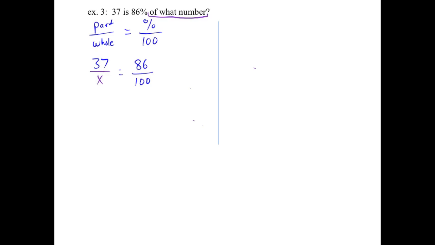And if we were to cross multiply and divide, we'd get X equals 43. So if 37 was 86%, that'd be 100% of 43.